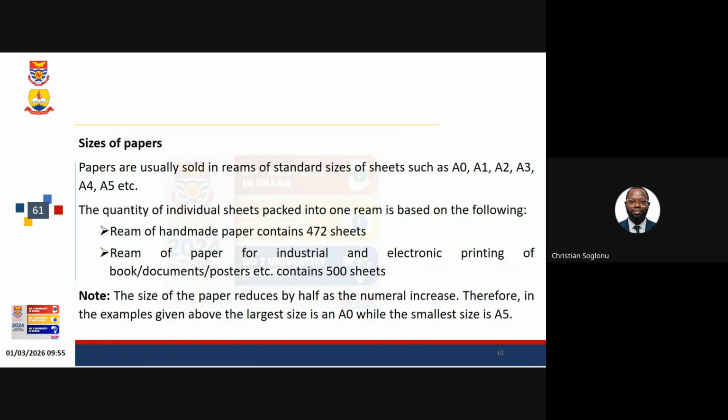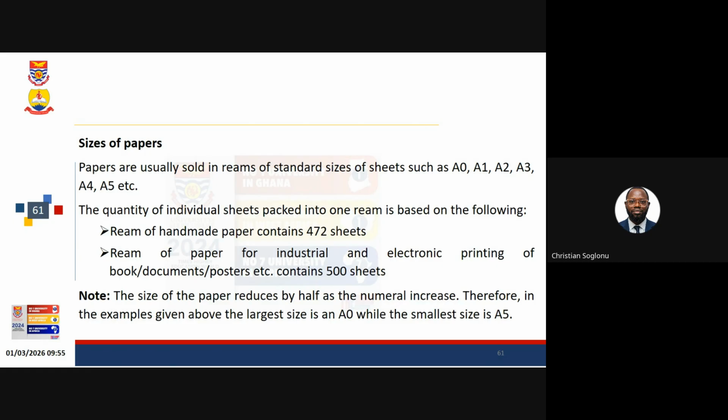So, sizes of papers. Papers are usually sold in reams of standard sizes, such as A0, A1, A2, A3, A4, A5. So these are the paper sizes from A0 to A5. The quantity of individual sheets packed into one ream is based on the following.